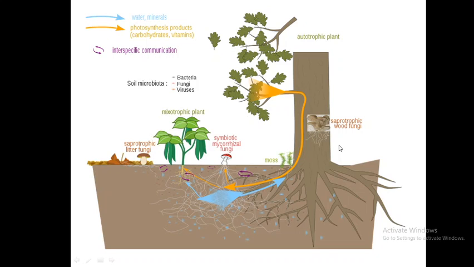Now we discuss applications of mycorrhiza. Here, these are the applications of mycorrhiza.